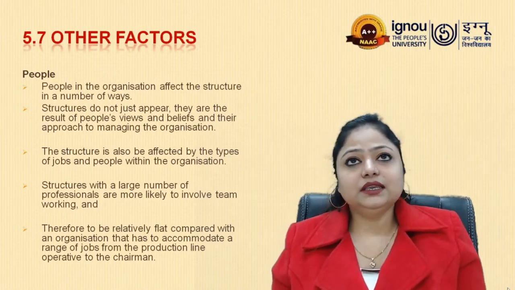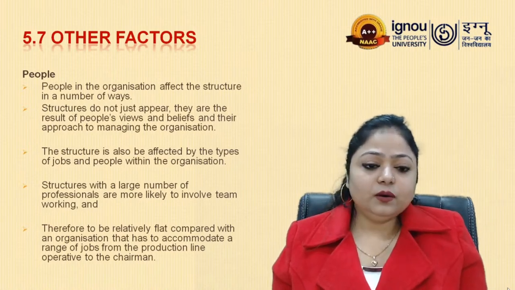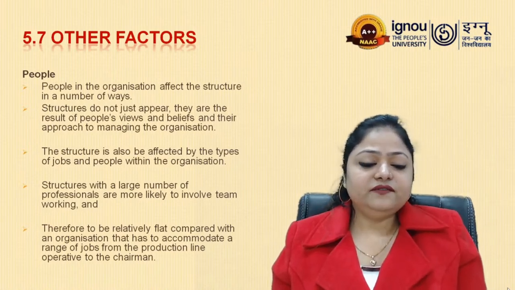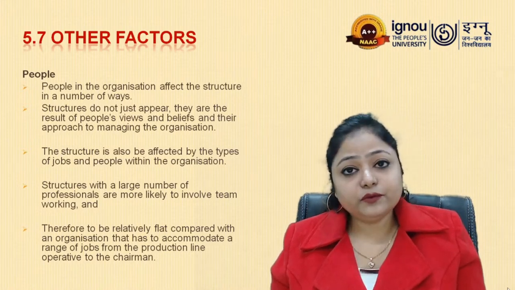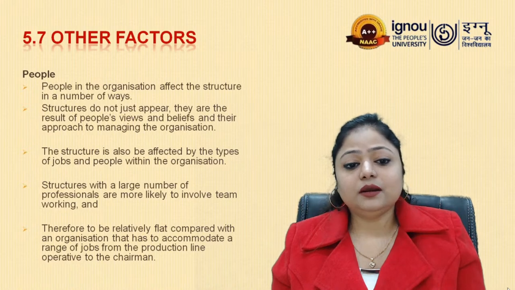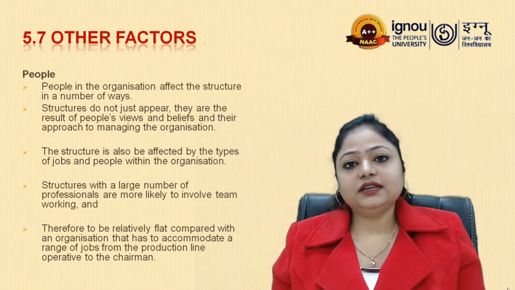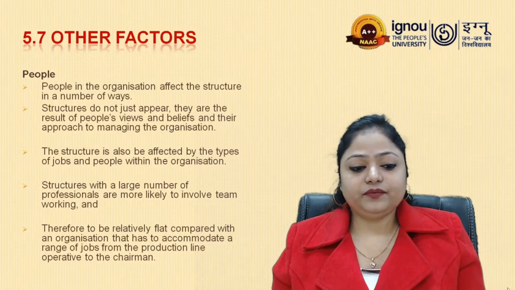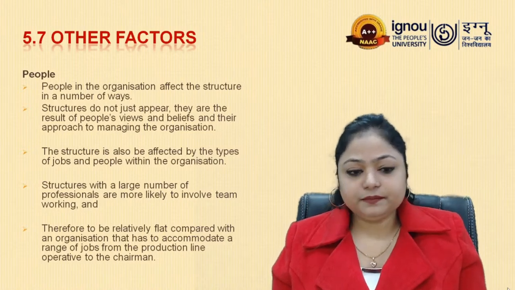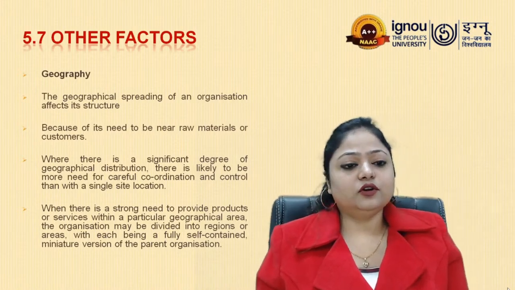So people are the key element of any organizational behavior, any HRD department, or if we consider an organization as a whole. A structure with a large number of people and professionals is likely to involve more team working, and therefore it is relatively flat compared with an organization that has to accommodate a range of jobs from production line operative to the chairman. Then geography also affects the overall organizational structure.